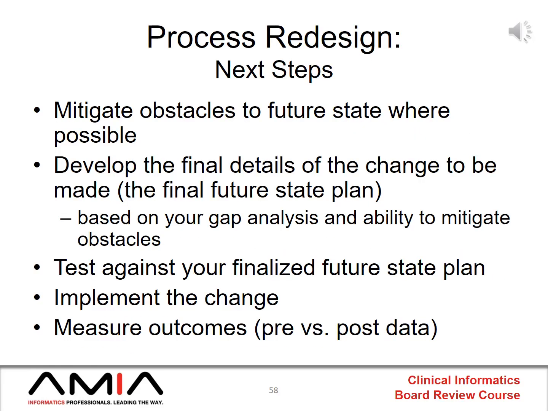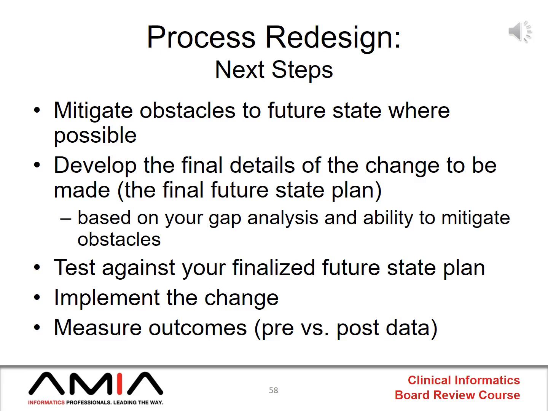So again, after your gap analysis is completed, you want to mitigate those obstacles to future state where you can, develop the final details of the change to be made, which some would call your final future state plan, do your testing to ensure that your final future state plan will be possible, implement the change, and then measure your outcomes.